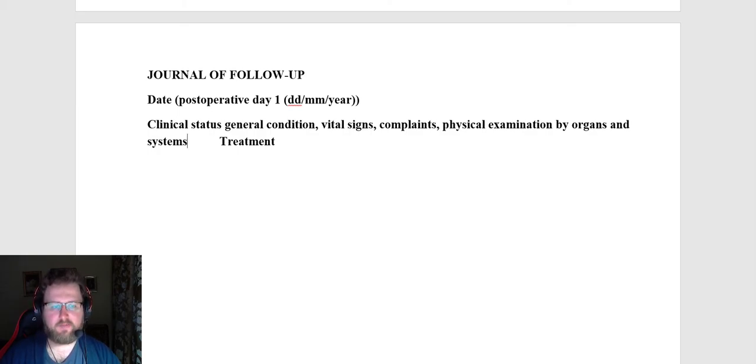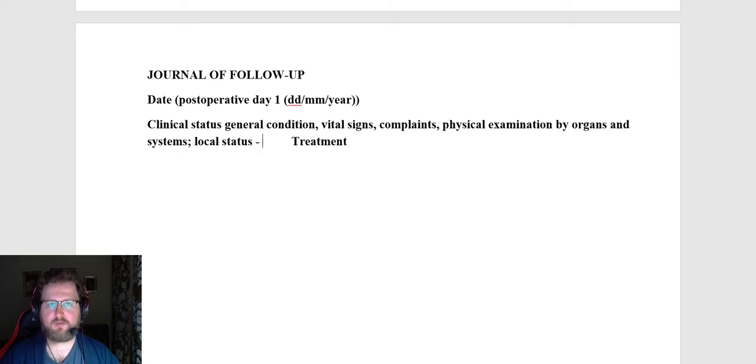Next, after you've written that, in a specific subsection, you'll have to write down his local status. Local status is everything related to the operative wound and drains, everything related to surgical site trauma.